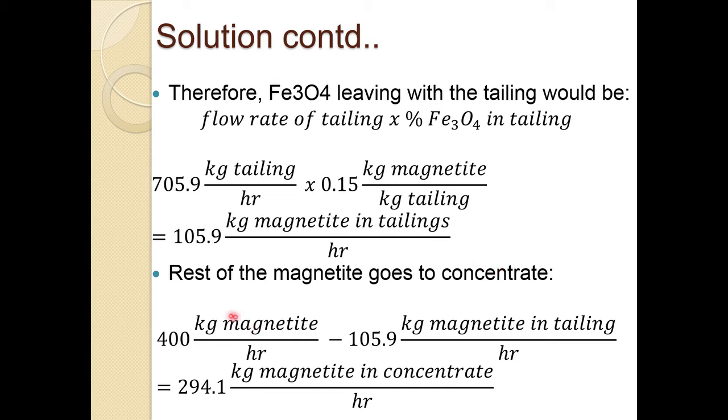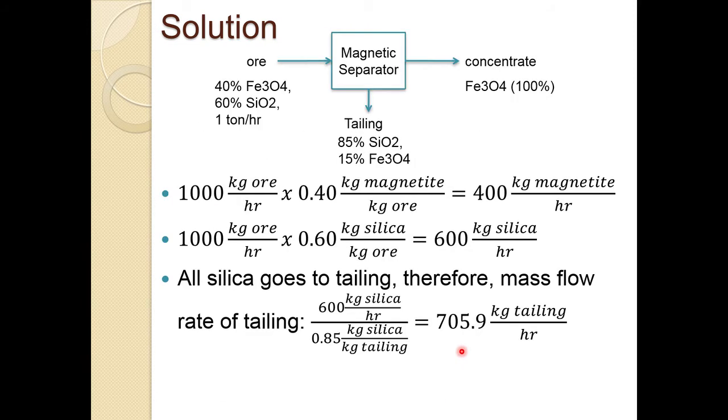So, concentrate would have 400 kg minus 105.9, so about 294.1 kg magnetite in concentrate per hour. So, that is a very simple mass balance by which you can calculate how much magnetite is going to the concentrate and how much into the tailing.